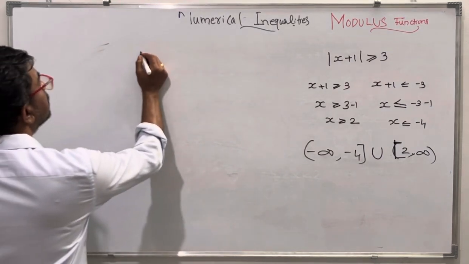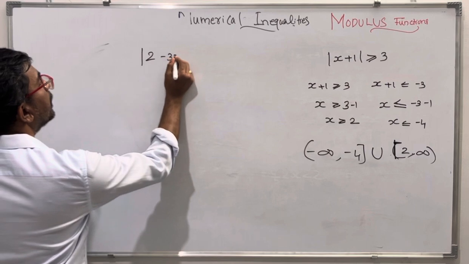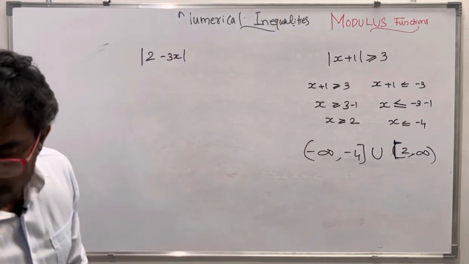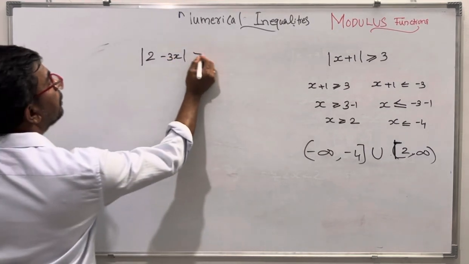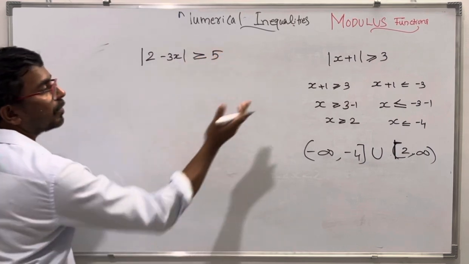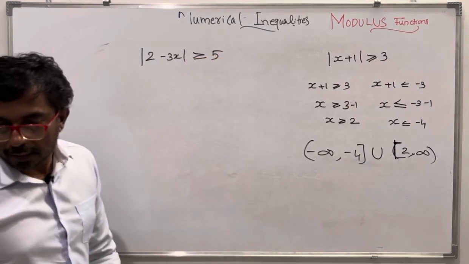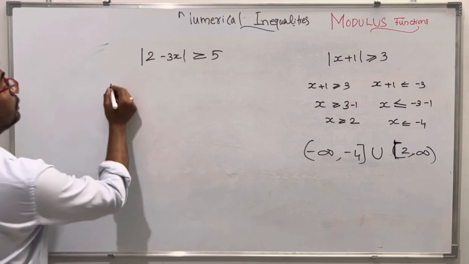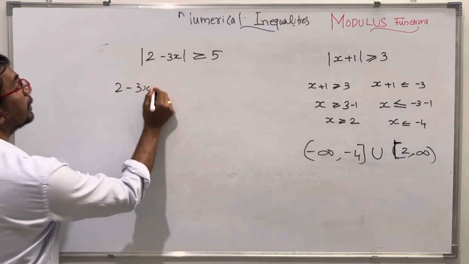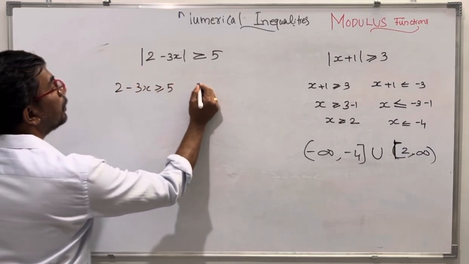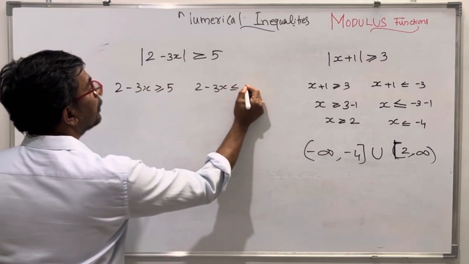Mod 2 minus 3x greater than or equal to 5. This is also this type only, greater than or equal to this type. So what do I do? 2 minus 3x greater than or equal to 5, or 2 minus 3x less than or equal to minus 5.